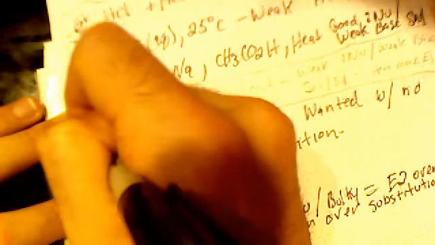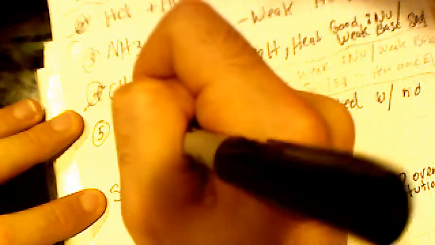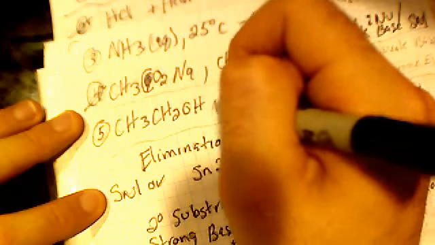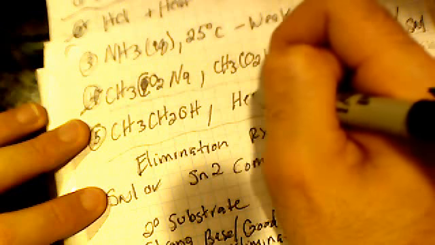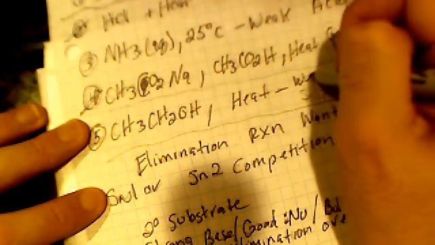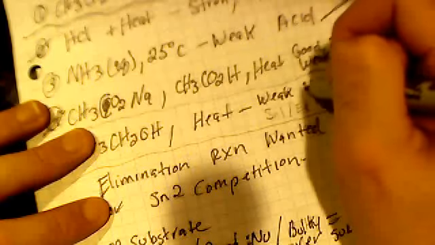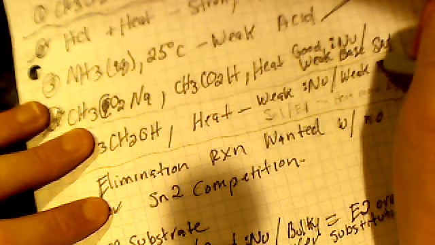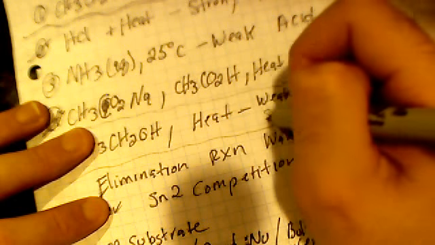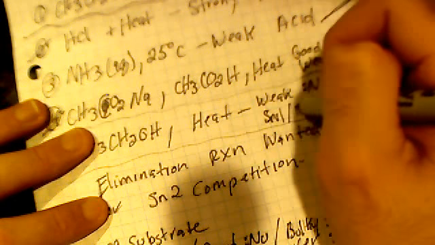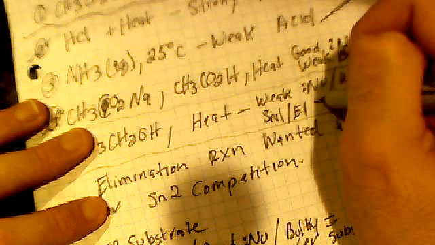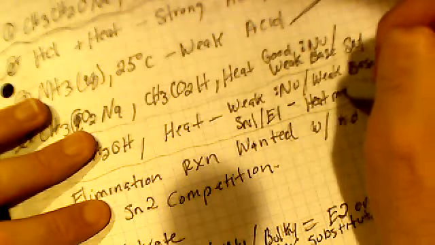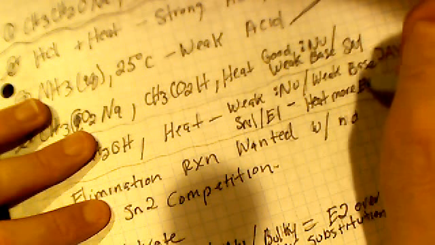Then our fifth option is ethanol and heat. That's a weak nucleophile and a weak base. So that's going to be SN1 or E1, and the heat will make it maybe a little bit more E1.